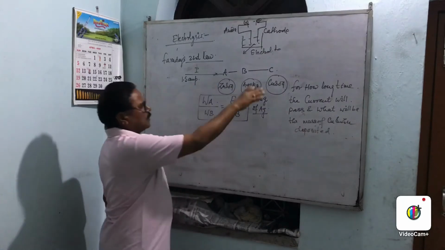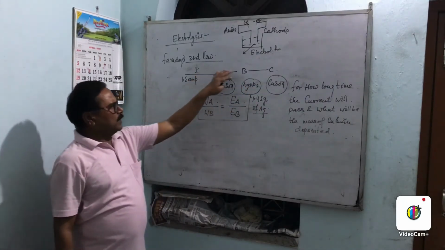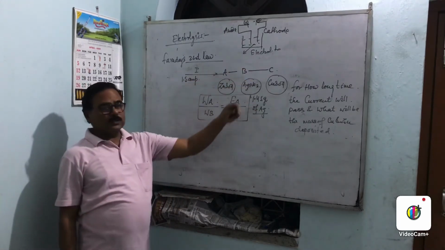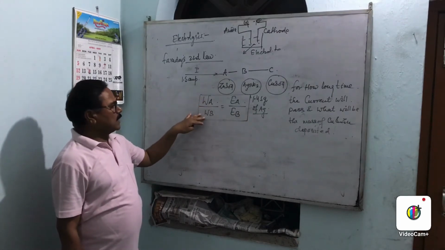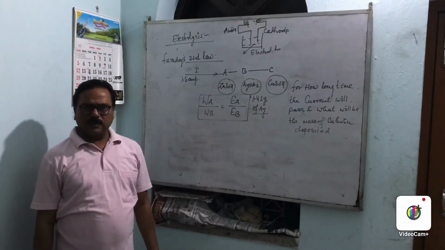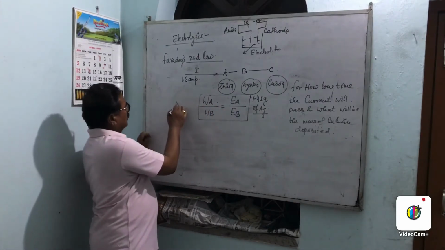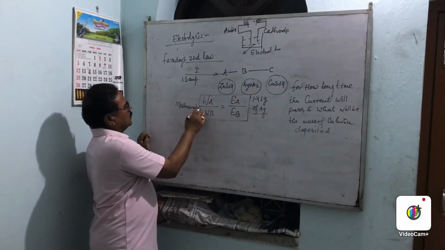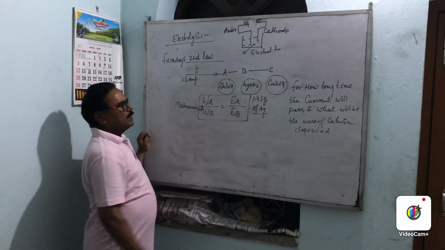Means the three electrolytes, as for example, the law is very clear. When different electrolytes are connected in series and the same quantity of electricity is passed through them, the masses of the substances liberated at the electrodes are in the ratio of their equivalent weights. Mathematically, by the second law, WA by WB is equal to EA by EB.